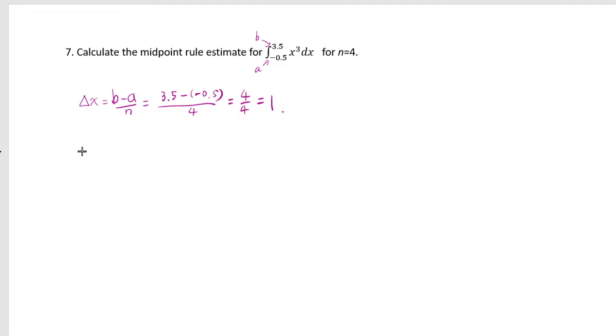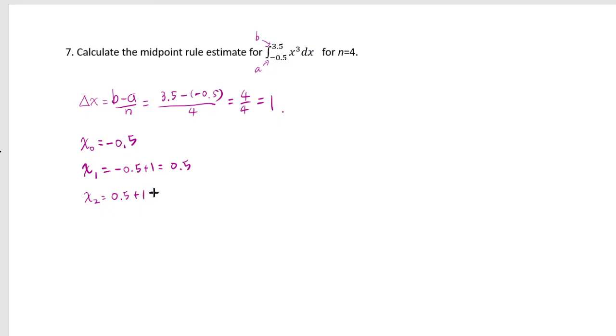This means that the intervals are of width 1. If you begin with the left endpoint of the first interval as negative 0.5, that's where you start the interval, right? The next point will be 1 more than this because your step size is 1. So you do negative 0.5 plus 1, which is positive 0.5. x2 would be 0.5.